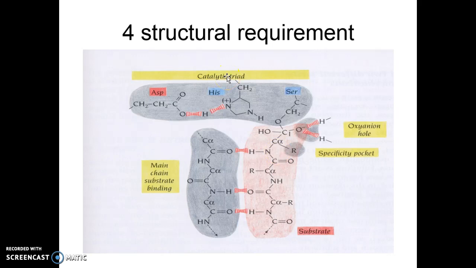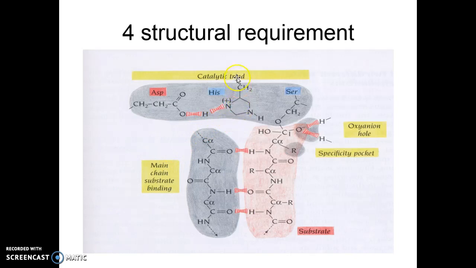The serine proteinases have four important structural features in common, in yellow color: catalytic triad, oxyanion hole, specificity pocket, main chain substrate binding. I'm going to explain the role of each component.